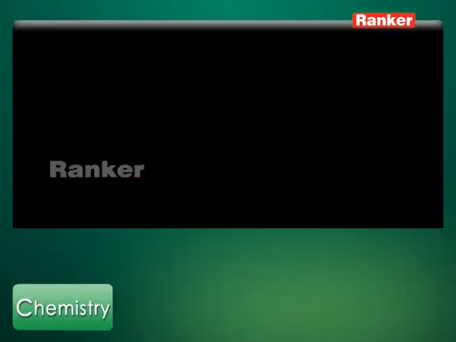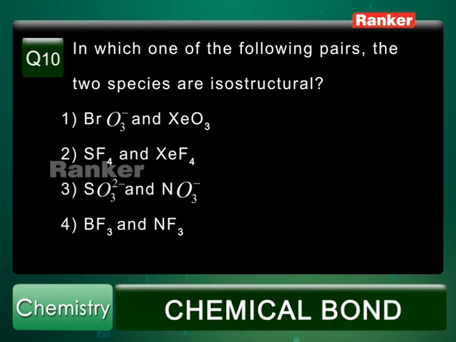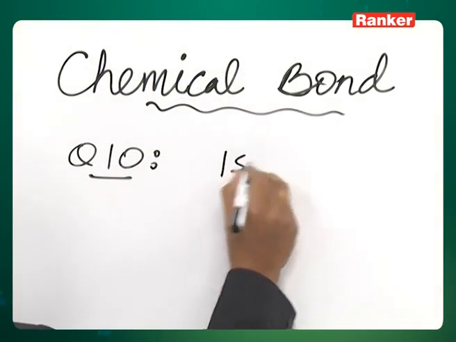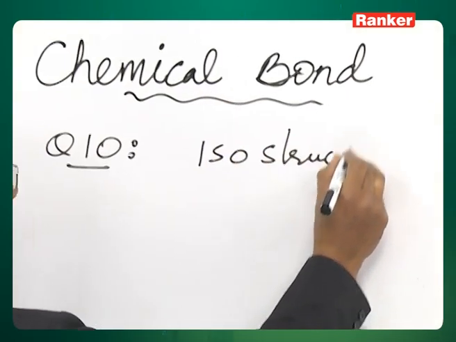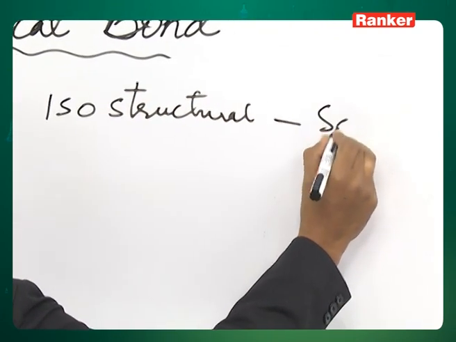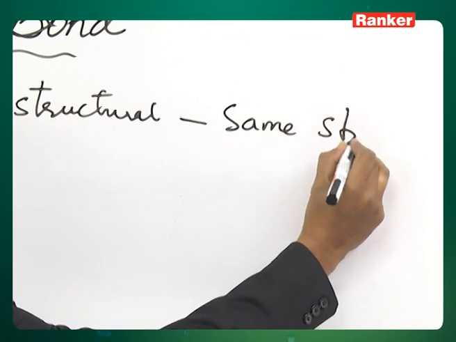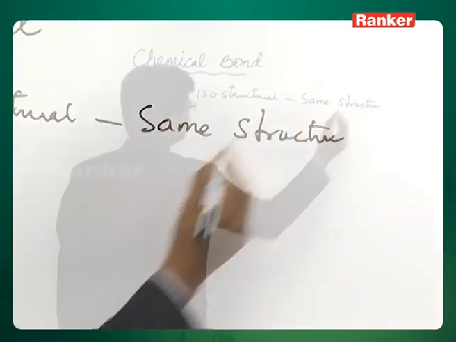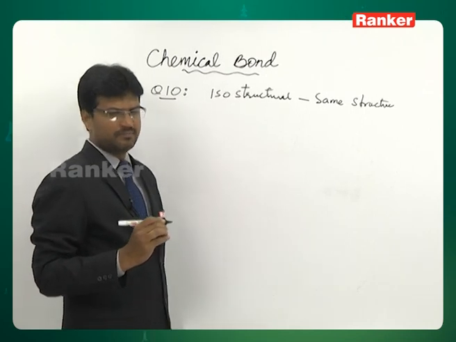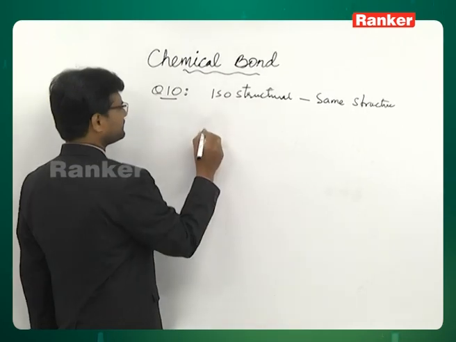Question number 10. In which of the following pairs are the two species isostructural? Isostructural means having the same structure. That is the meaning of isostructural. Options are BrO3 minus and XeO3.